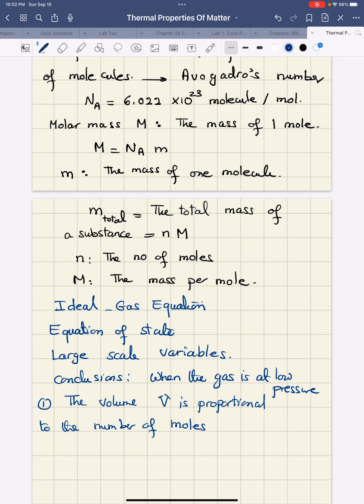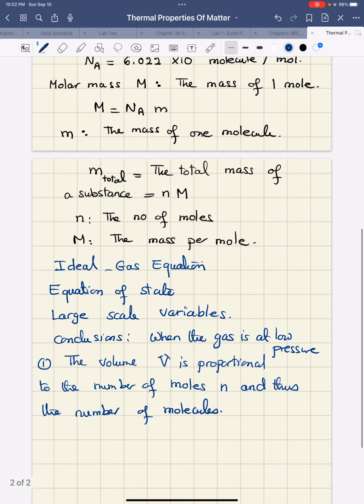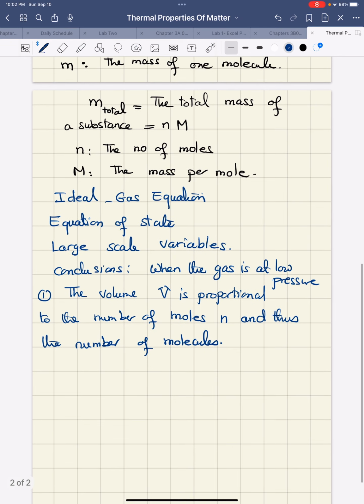And it also has to do with the number of molecules. I think this is making sense: more molecules, you're going to have more volume.